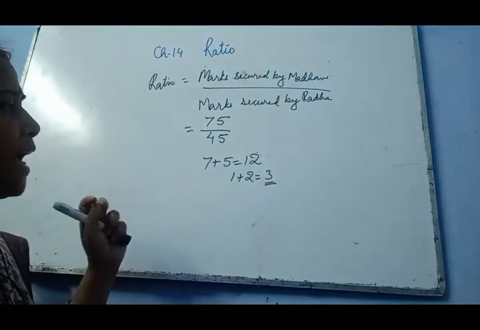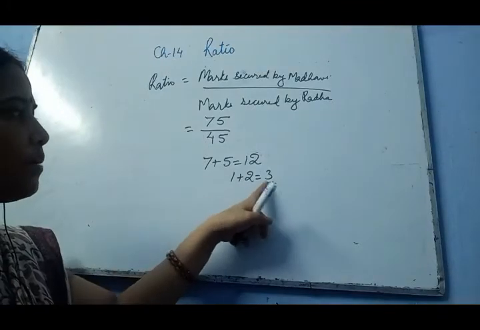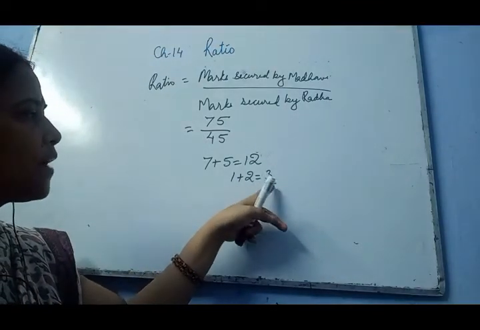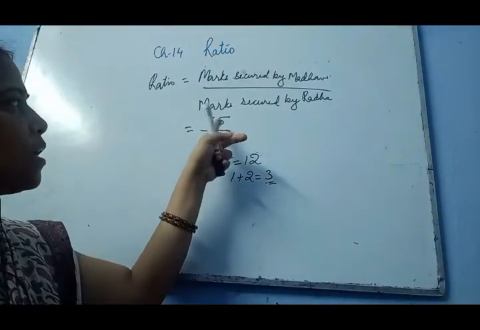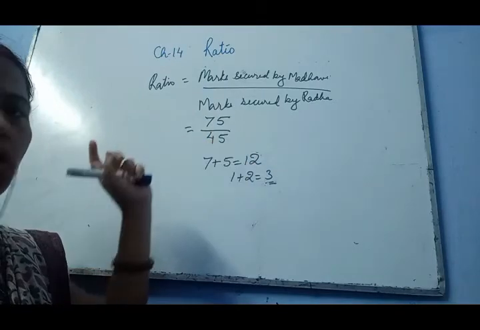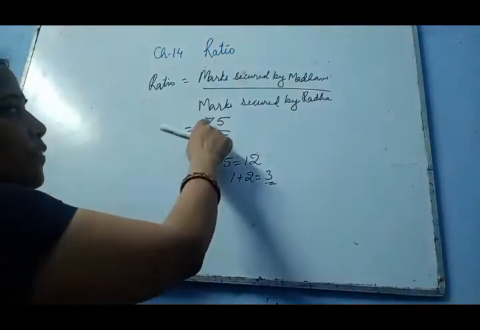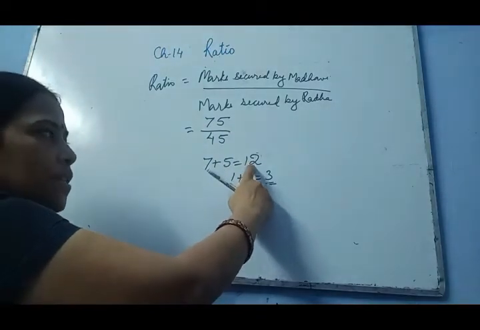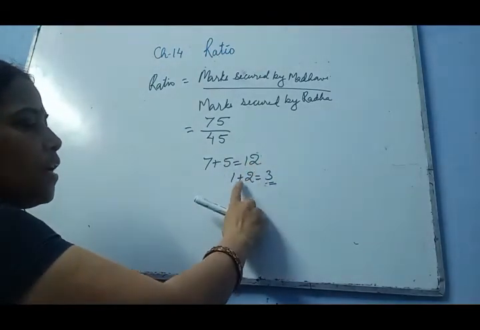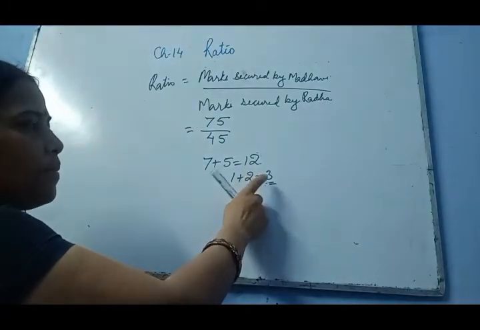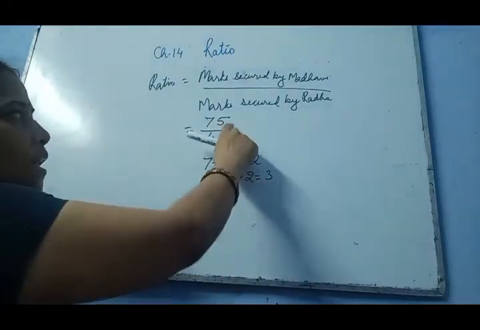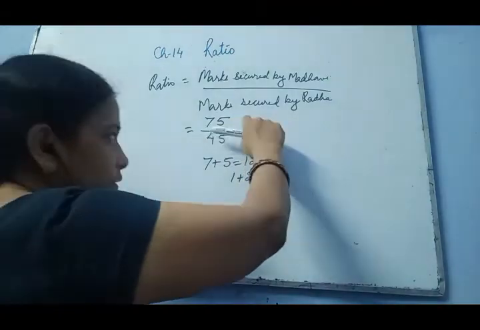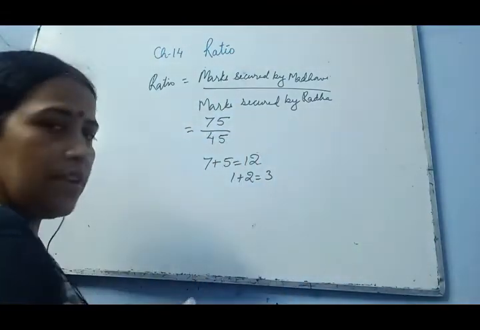After adding the digits, if the number we get is divided by 3, that means the whole number will be divided by 3. So when we add 75, 7 plus 5 we get 12. 12 is divided by 3. We check again, 1 plus 2, we got 3. 3 is divided by 3. That means 75 is divided by 3. Now we will check 45.